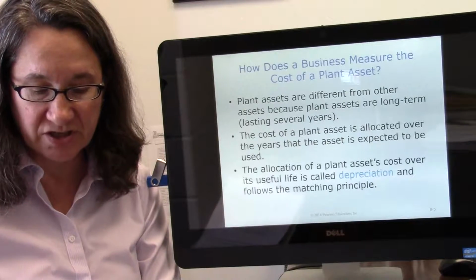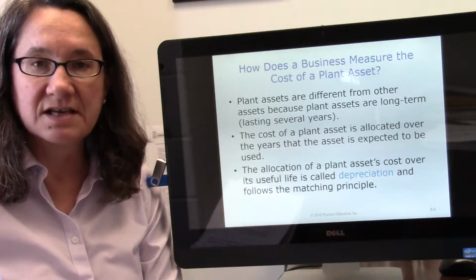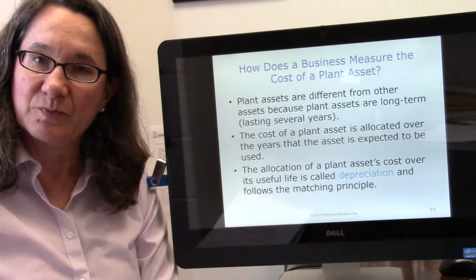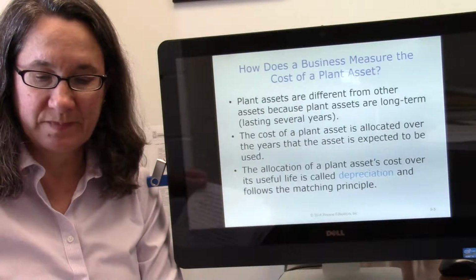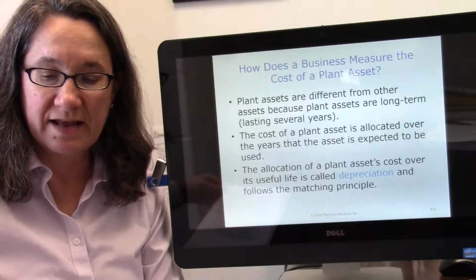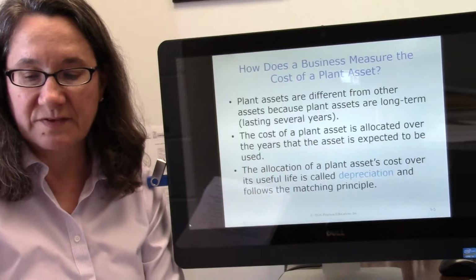This allocation of a plant's assets cost over its useful life is called depreciation and follows the matching principle. Depreciation is the process by which businesses spread the allocation of a plant's cost over its useful life.